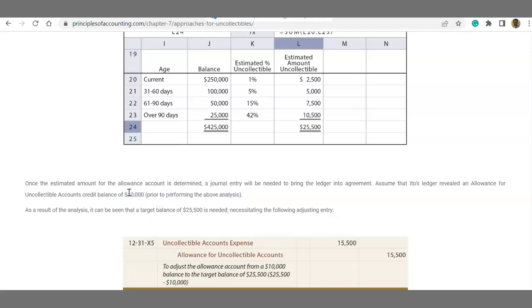Yes, I know you have $10,000 in the allowance, but that's not relevant. So I'm going to do the journal entry here: $30,000 debit, $30,000 credit. Bad debt expense debit, 30,000; allowance for uncollectible accounts credit, 30,000.